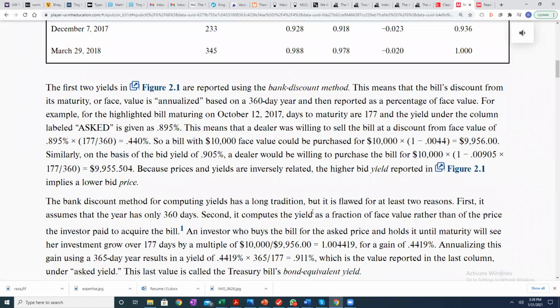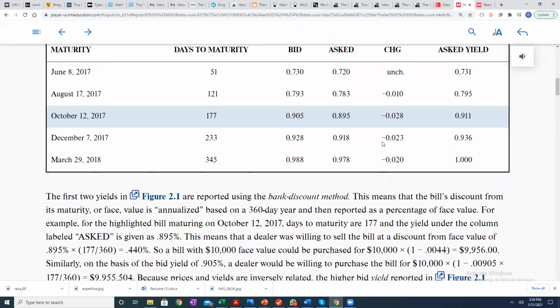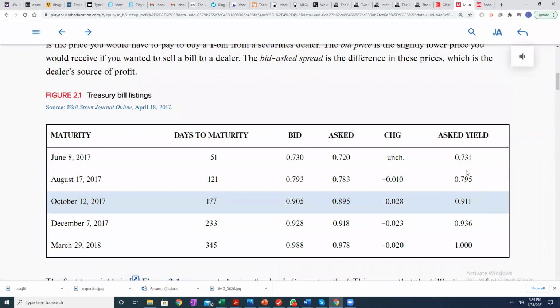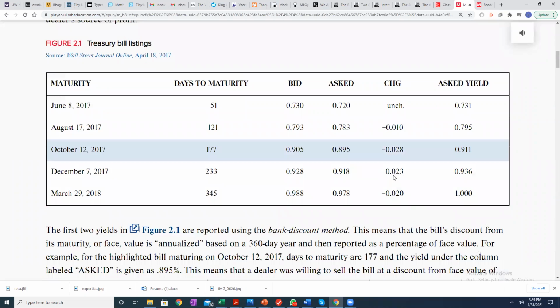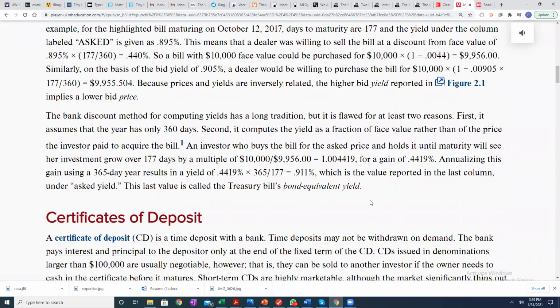For example, take a highlighted bill maturing in 177 days, where the yield under the column labeled Ask is given as 0.895. And then you can track the changes.